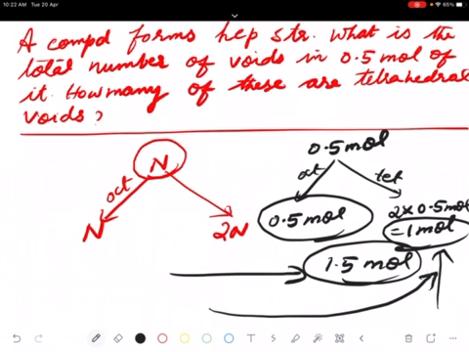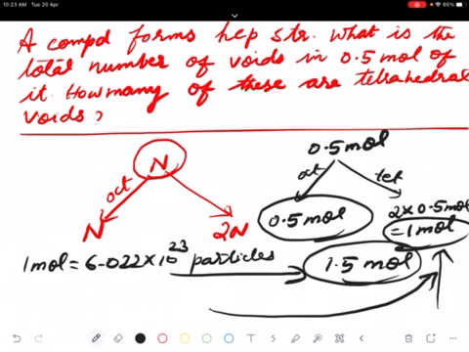Now you know that 1 mole is equal to 6.022 into 10 to the power 23 particles. Either you can write in terms of particles or you can write in terms of moles, because they just ask how many of this.